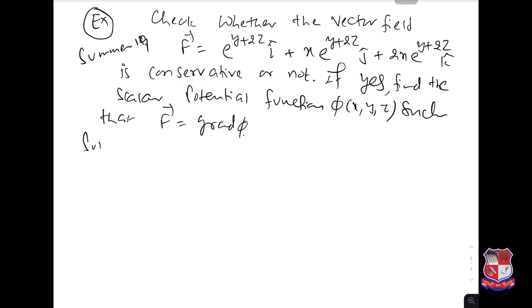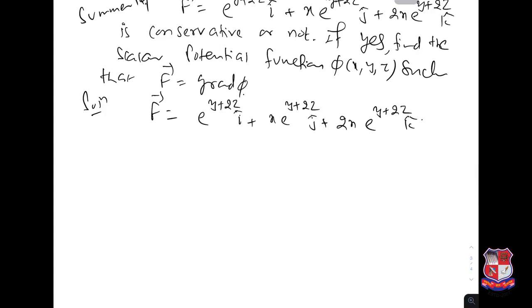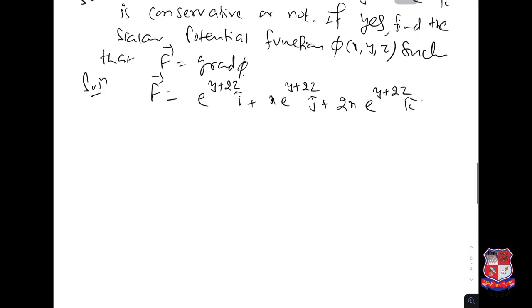So here the vector function f is e power y plus 2z i plus x into e power y plus 2z j plus 2x e power y plus 2z k. First we check whether it is conservative or irrotational or not.